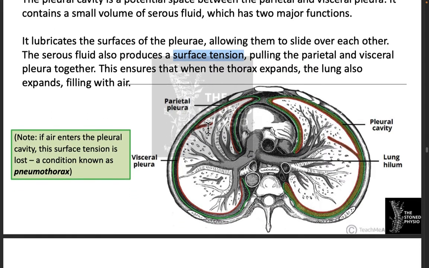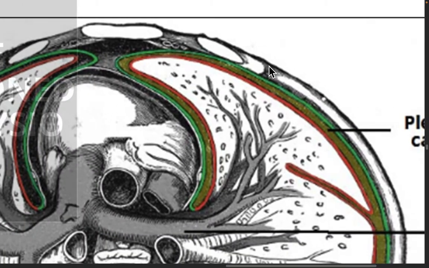In the pleural fluid also there is a certain extent of surface tension, a certain amount of force present inside this fluid. Let's say when we are inhaling, here they have shown the ribs.